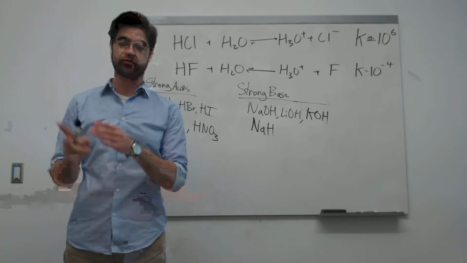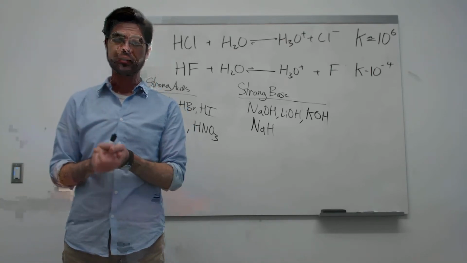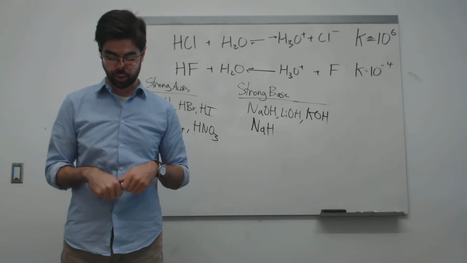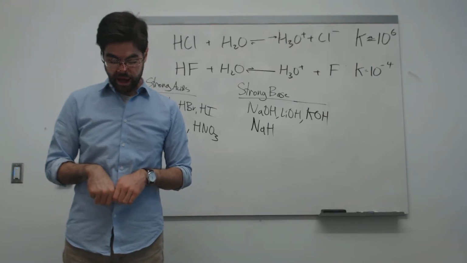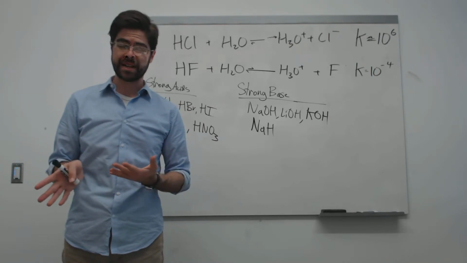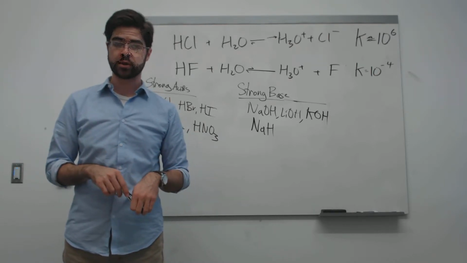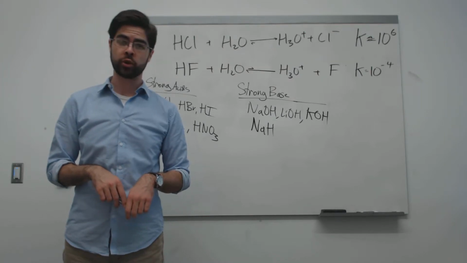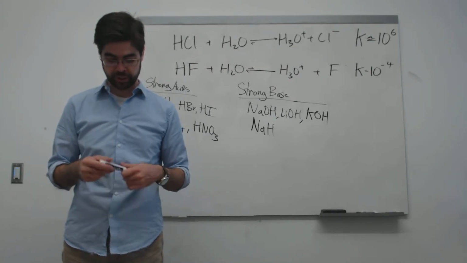Yeah, that's correct. If K is less than 1, meaning it's not large, then that reaction did not go to completion. If K is very large, say greater than 1,000, that's a reaction you can assume goes to completion.